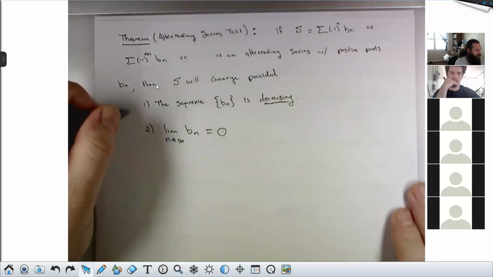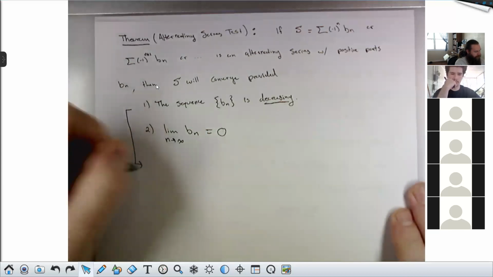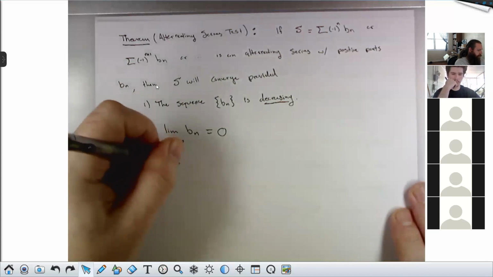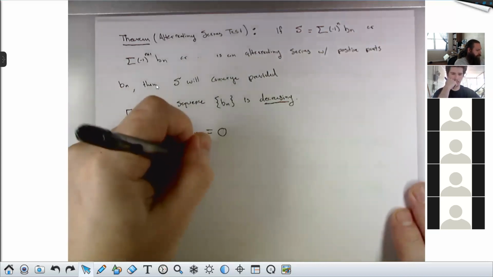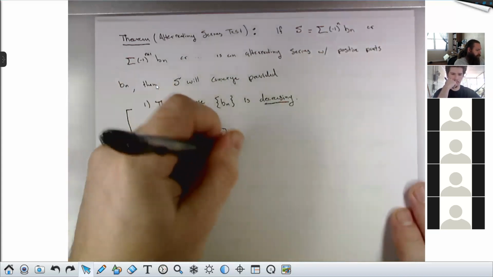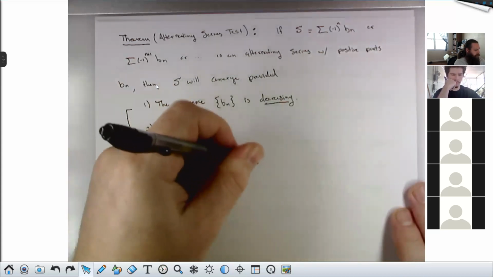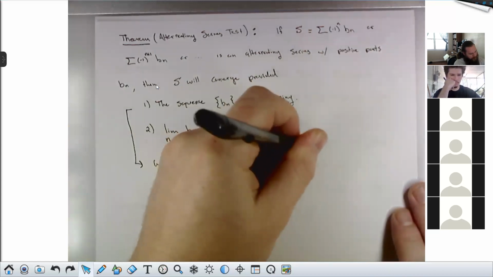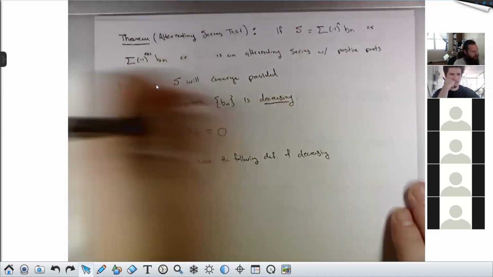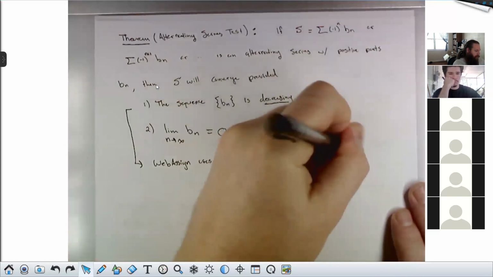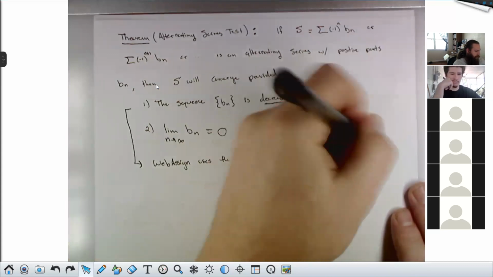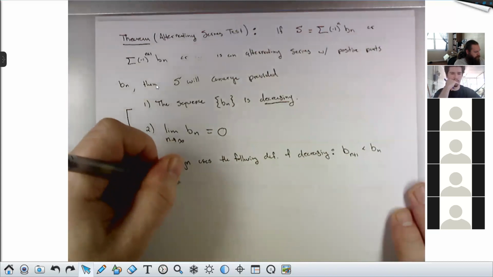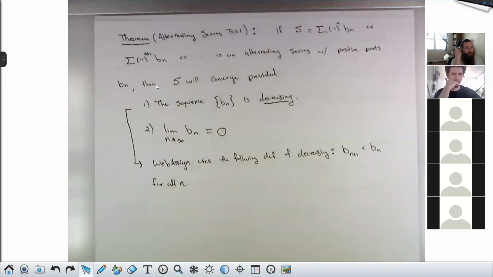I want to make a little note about this. WebAssign uses the following definition of decreasing. They say Bn+1 has to be less than Bn for all n. This works.